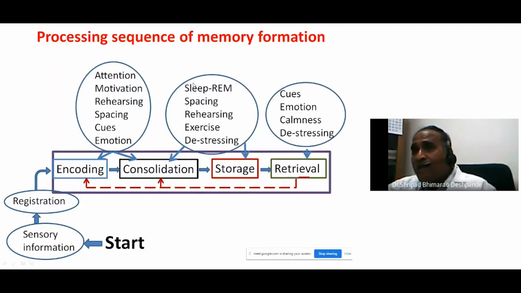Now I have made one more point here, the sleep. Normal sleep is important for memory consolidation and memory storage. Normal sleep, especially REM, rapid eye movement sleep, is essential for consolidating newly learned areas.